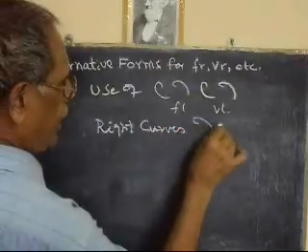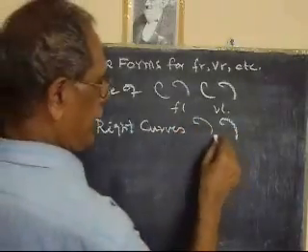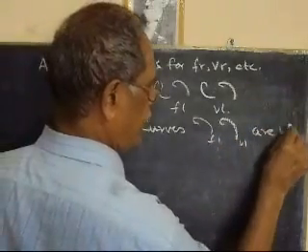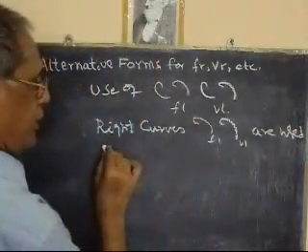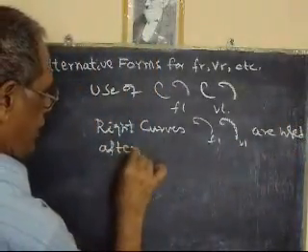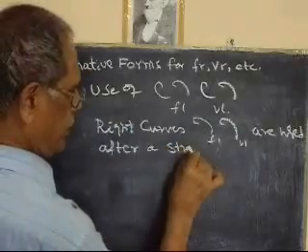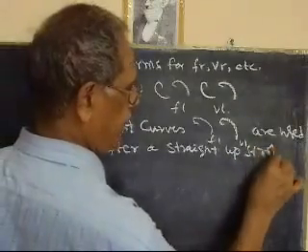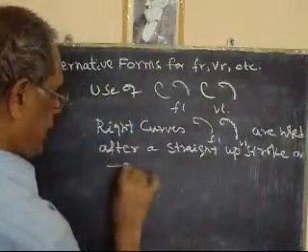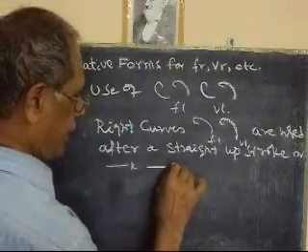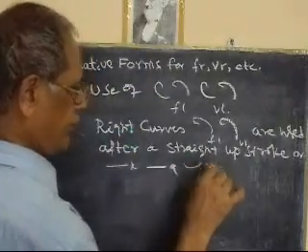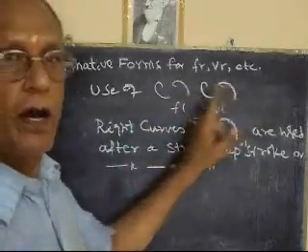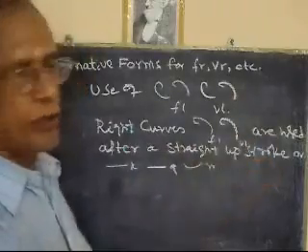Right curves, hull, well, are used after a straight upstroke, or K, A, N. So, right curves hull, well are used after a straight upstroke.